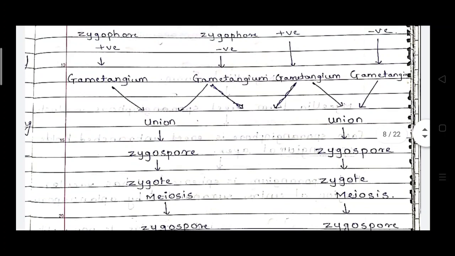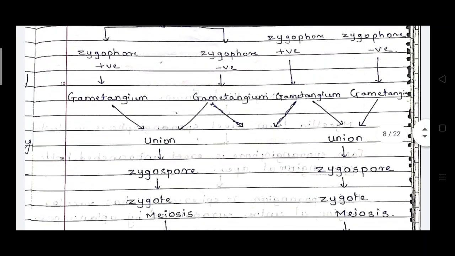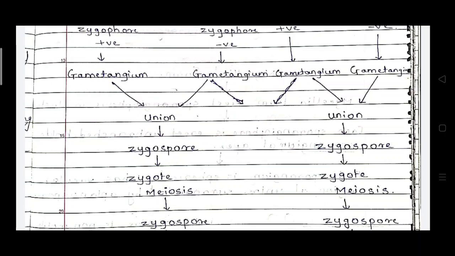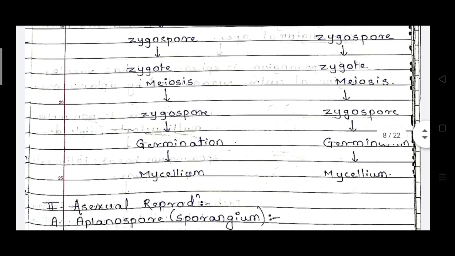In the heterothallic condition, the positive and negative strains are present on two different thalli, and they produce gametangia. These gametangia unite and form the zygospore. The zygospore forms the zygote, which undergoes meiosis, and the zygospores undergo germination and form the mycelium.